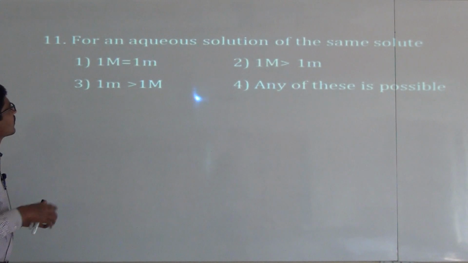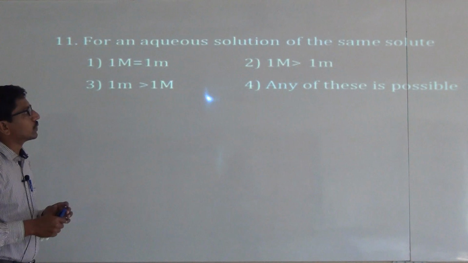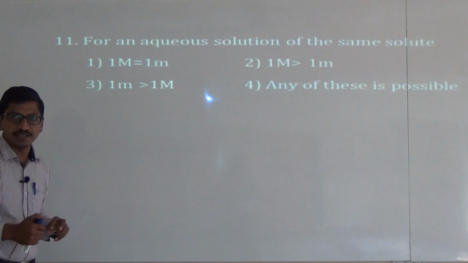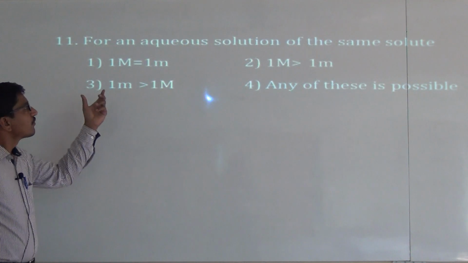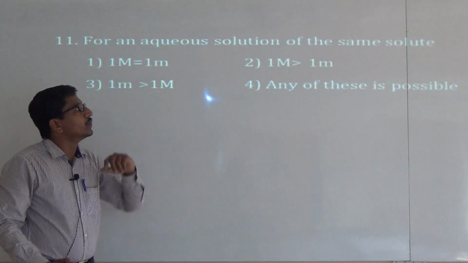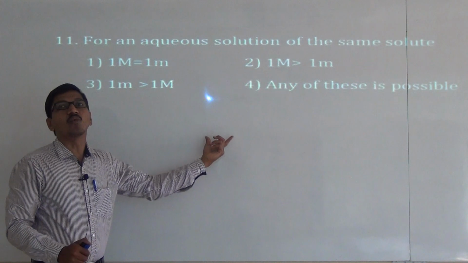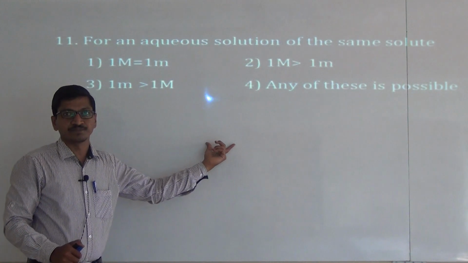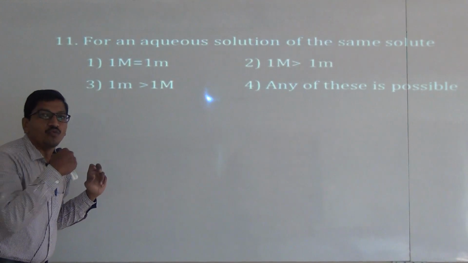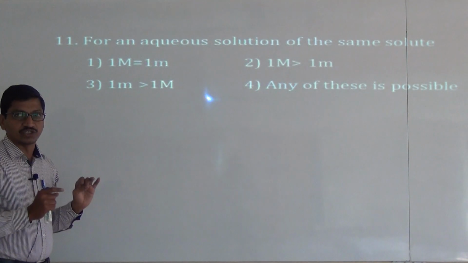Next question, for an aqueous solution of the same solute, which statement is correct? The statement is representing which one is higher concentration among 1 molar as well as 1 molal concentration.